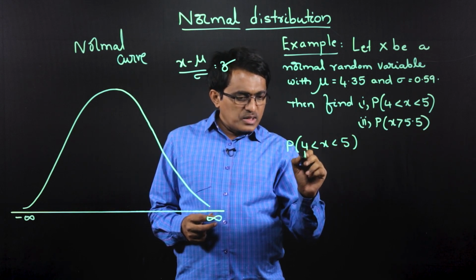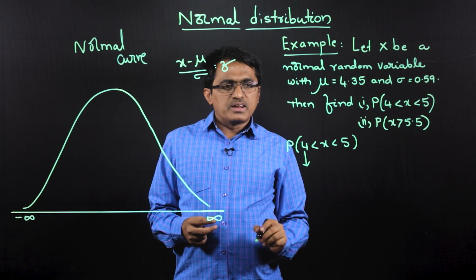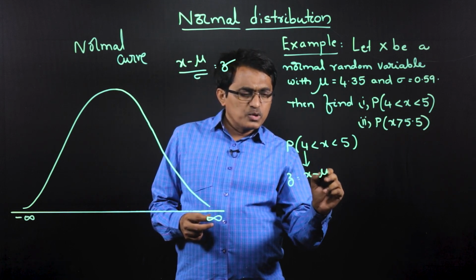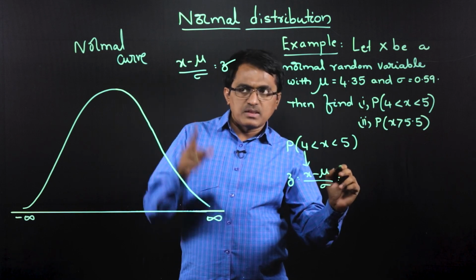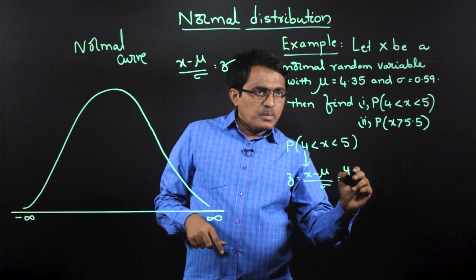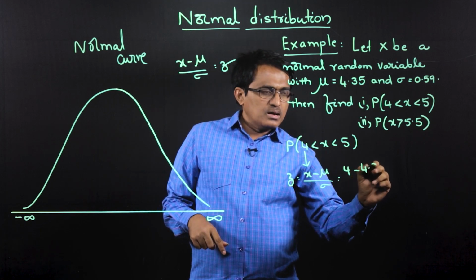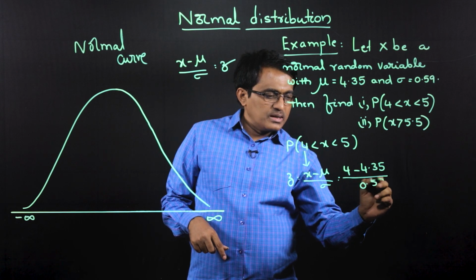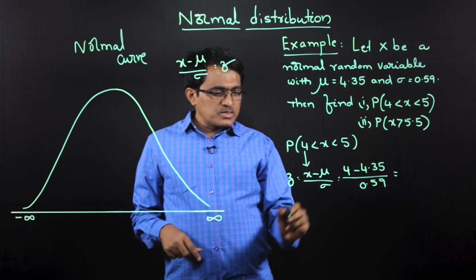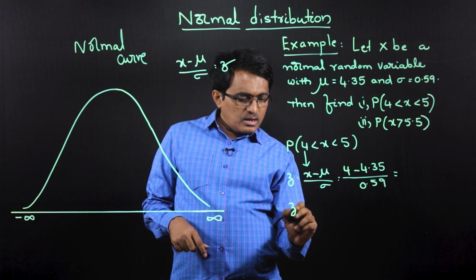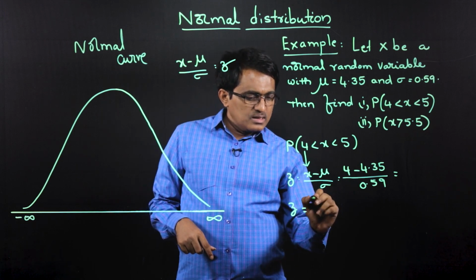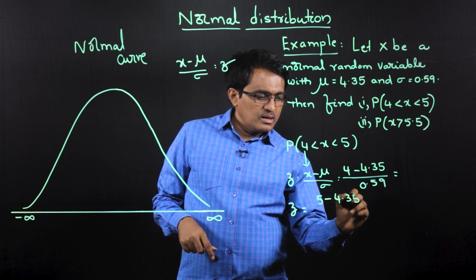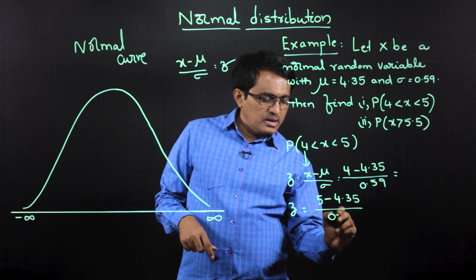When x equal to 4, we need to find the corresponding z value, that is z equal to (x minus mu) by sigma, that is 4 minus mu, which is given in the problem as 4.35, divided by sigma, which is 0.59. Similarly, when x equal to 5, the corresponding z value is 5 minus 4.35 divided by 0.59.